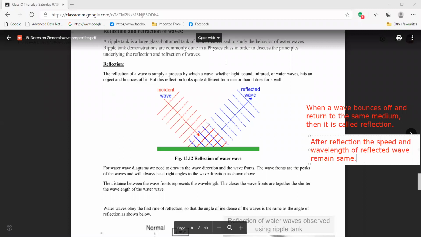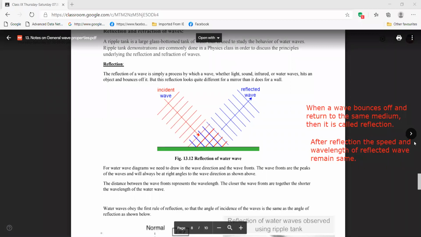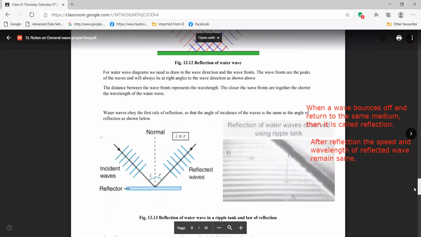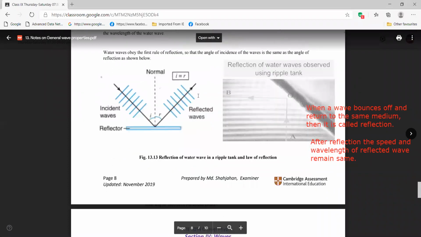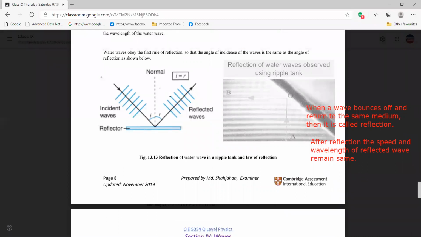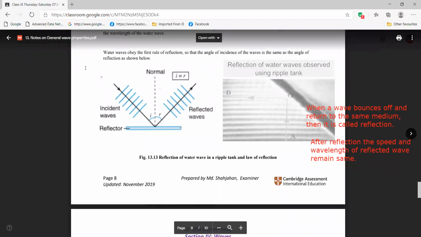Now we are going to write law of reflection. Write the heading law of reflection. Then you draw this diagram. After writing all this, you write law of reflection, then you draw this diagram.